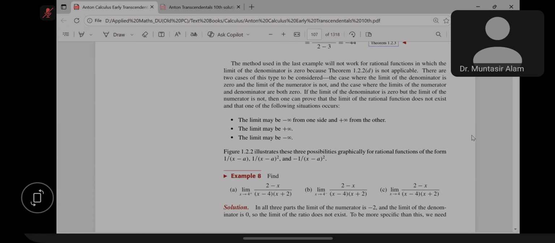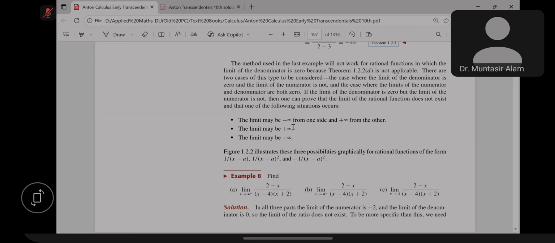All right, so summarizing the concept, let me conclude the section. Limit may be minus infinity from one side or plus infinity from the other side, which actually indicates that the limit does not exist.